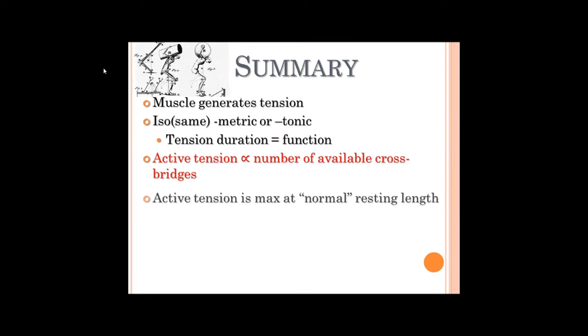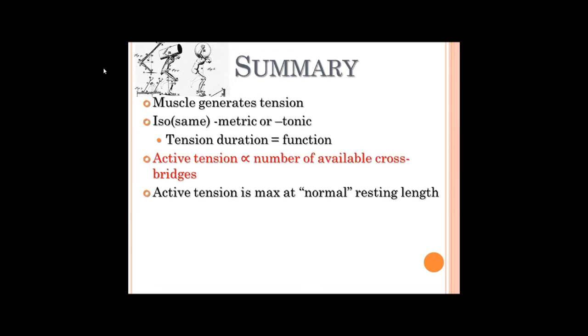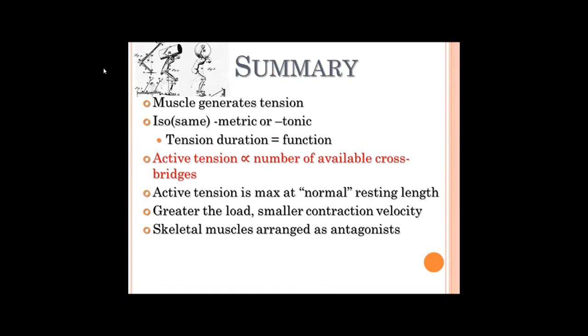We also know that active tension is at its maximum during the normal resting length, and deviations from the normal decrease active tension. We also understand that by increasing the load, we get a smaller contraction velocity, which is comprised of two different factors. We also know that skeletal muscles in the body are arranged in opposing or antagonistic forms. We also know that the skeletal muscles in the body use various lever systems. More specifically, most of them use the Class 3 type lever.